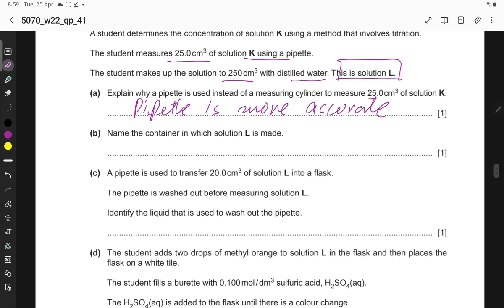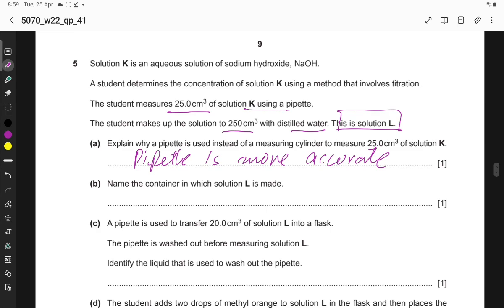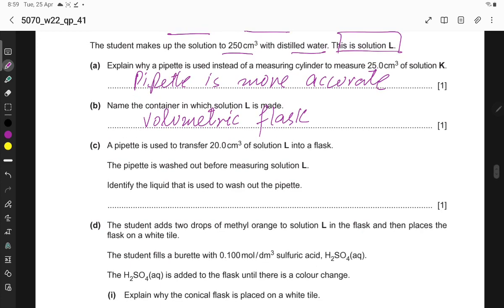Name the container in which solution L is made. Volumetric flask. A pipette is used to transfer 20 centimeter cube of solution L into a flask.